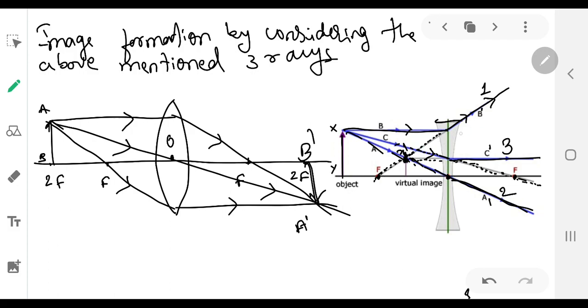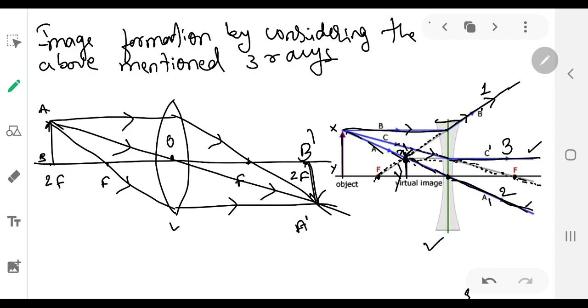It means the three refracted rays appear as if they are diverging from this point. So it is a virtual point. Then this image is called a virtual image. X dash Y dash is the virtual image of XY. This is how you can form the image by considering any three rays, image by the convex lens as well as by the concave lens.